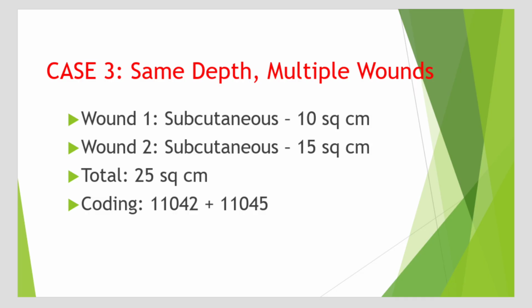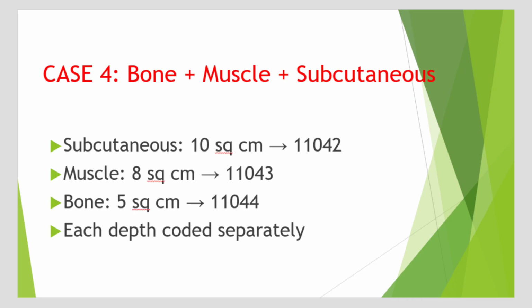Fourth question, bone, muscle and subcutaneous. So let's see the operative note. Excisional debridement was performed on a chronic ulcer, subcutaneous tissue level 10 square centimeter, muscle tissue level 8 square centimeter, and bone 5 square centimeter.